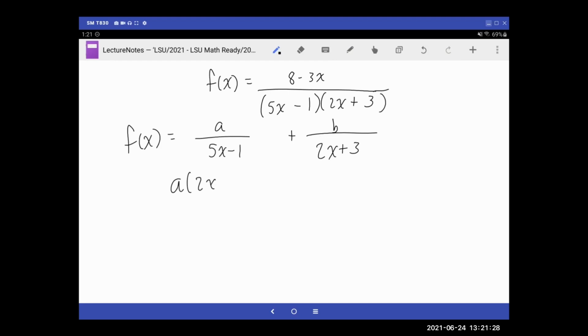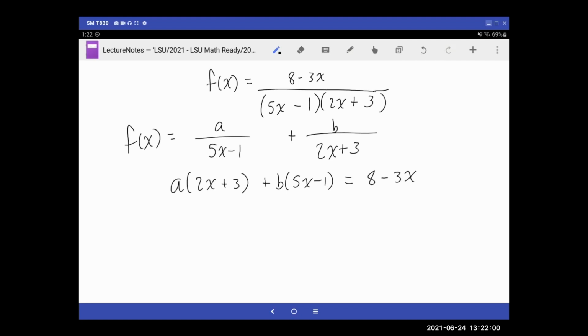And this denominator goes there. When you add the two numerators together, the denominators are just going to be 5x minus 1 and 2x plus 3. But I don't want to write all that out, too much writing. When I add those together, they'll equal 8 minus 3x.